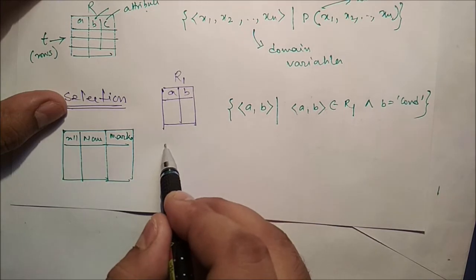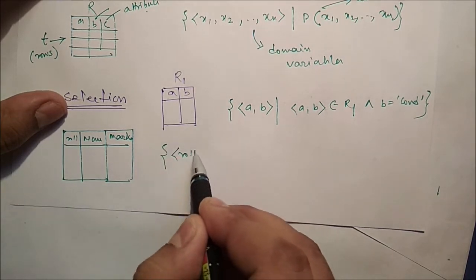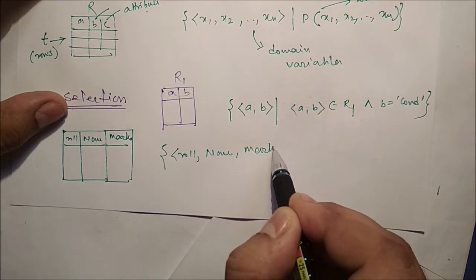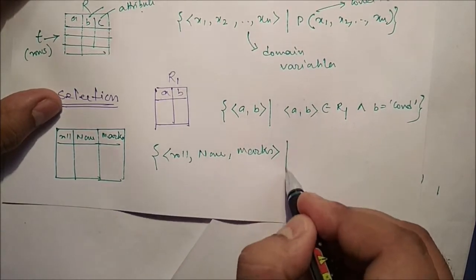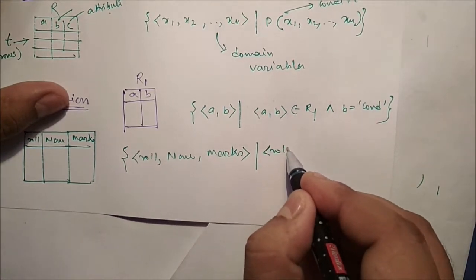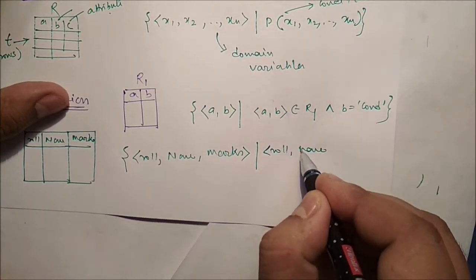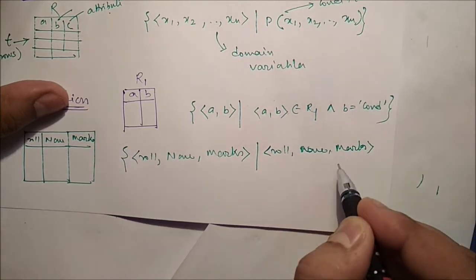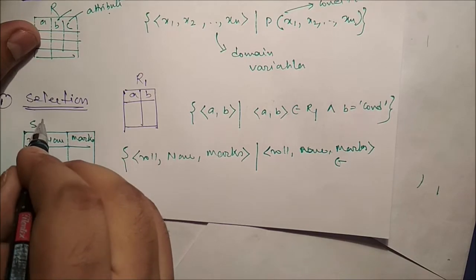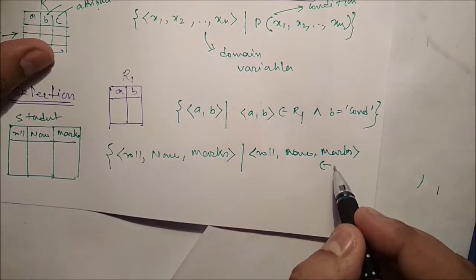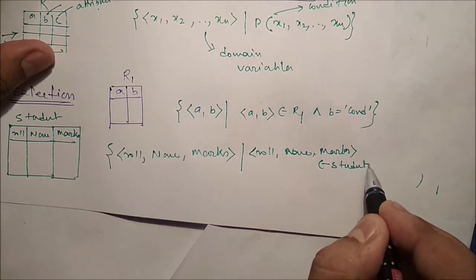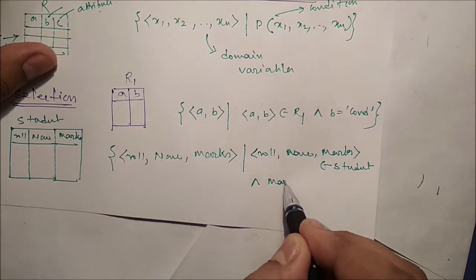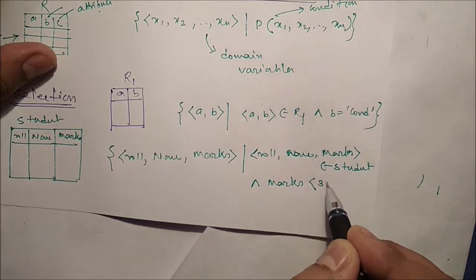In that case we can write it this way: we need roll number, name and marks, that belong to the table student, and the condition is marks less than 30.